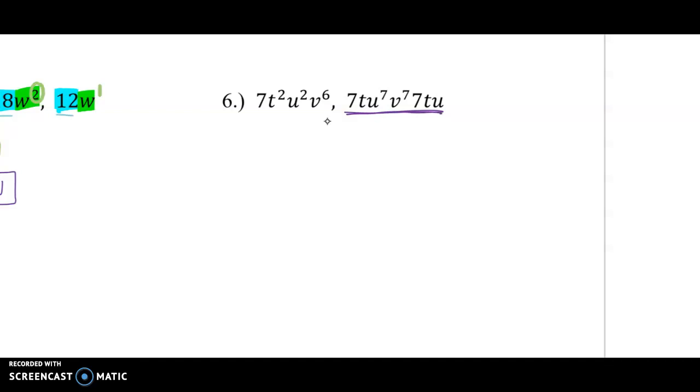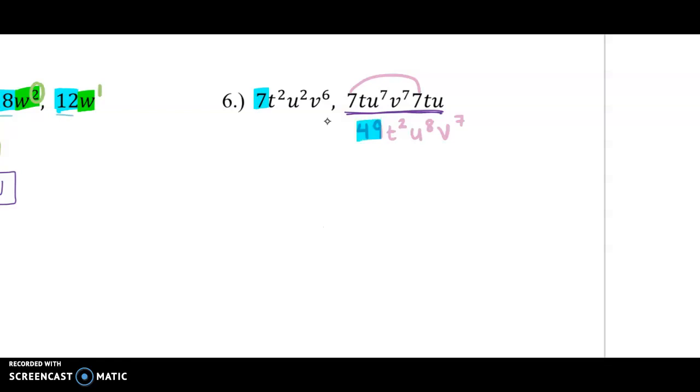So let's do that first. 7 times 7 is 49. T times T is T squared. U to the 7th times U is U to the 8th. And then we have V to the 7th. Okay? So those are going to be the two terms that we are focusing on.